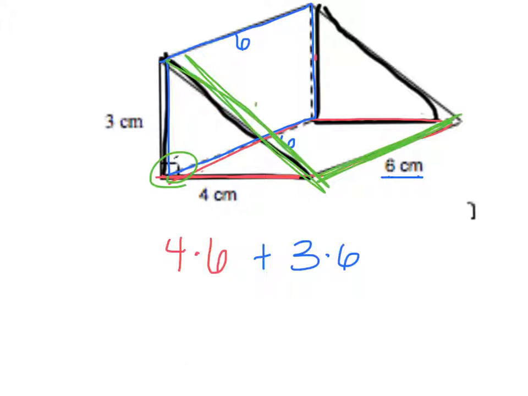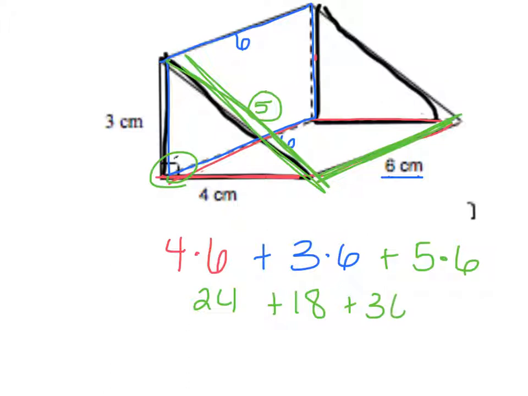Okay, so you use the Pythagorean theorem, that side's going to be 5. So then I add 5 times 6, and I'm going to add them all together. So 24 plus 18 plus 30, that's going to be 72 centimeters. Okay, so this is your lateral area.